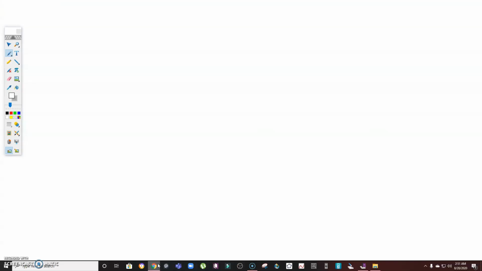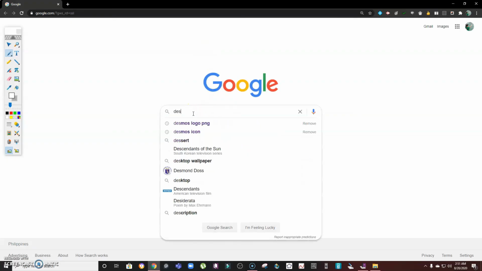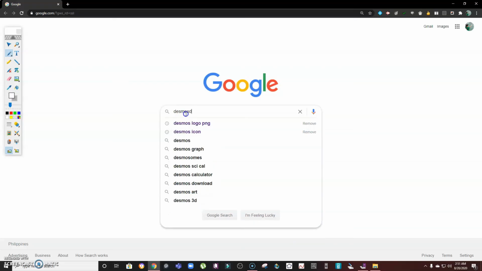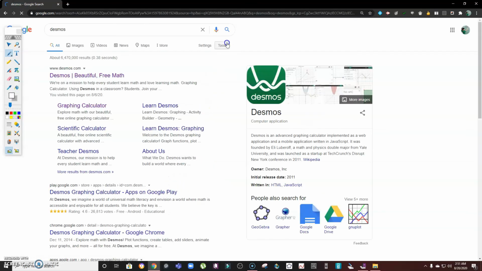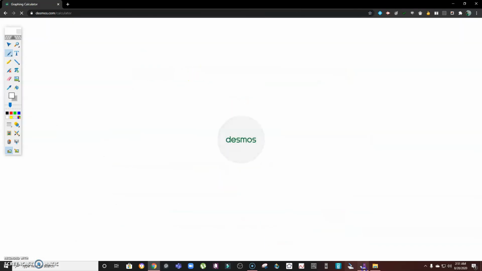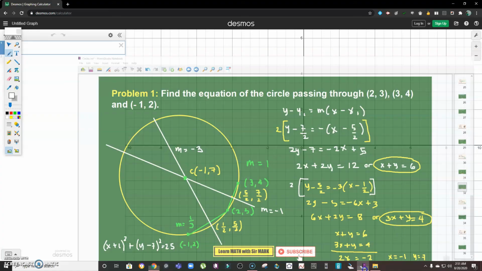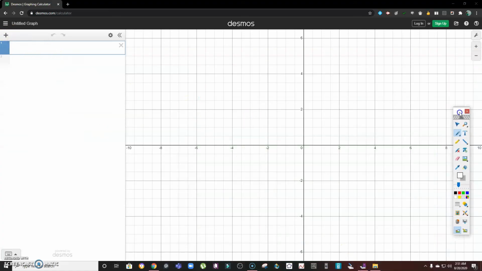I'm going to open Desmos. You can always do this, just type Desmos. So here it is. What I'm going to do is enter the equation right away.